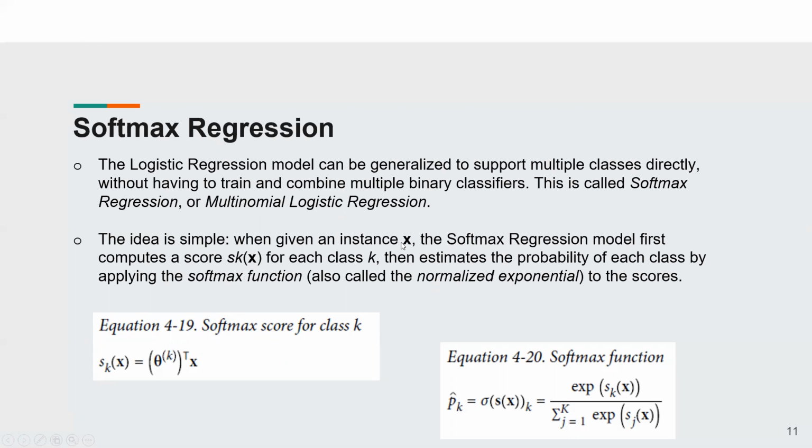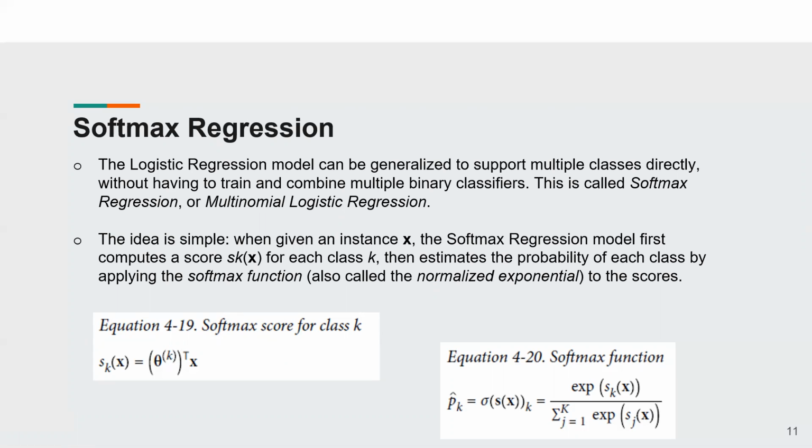When given an instance of x, the softmax regression model first computes a score, s_k(x). This s_k(x) is for each class k because we want to estimate what this instance's class is.